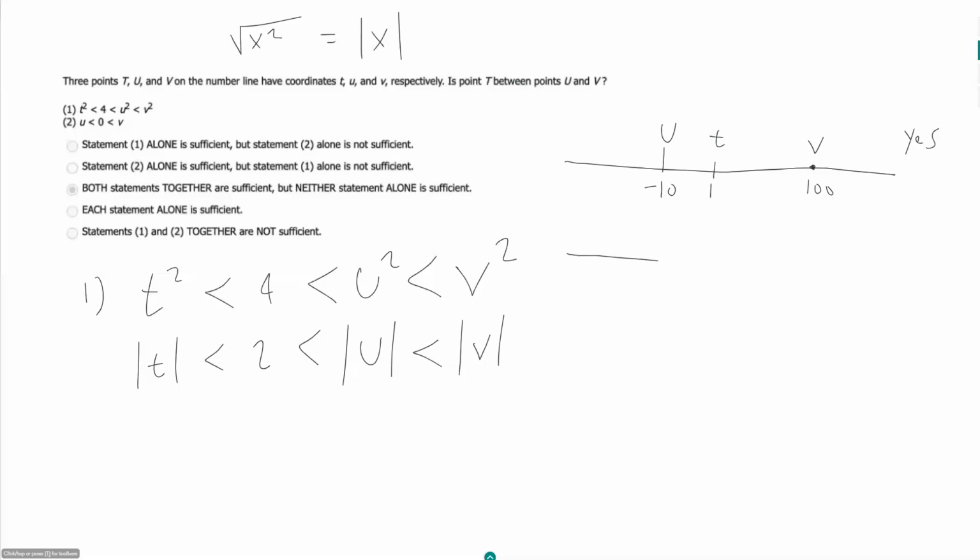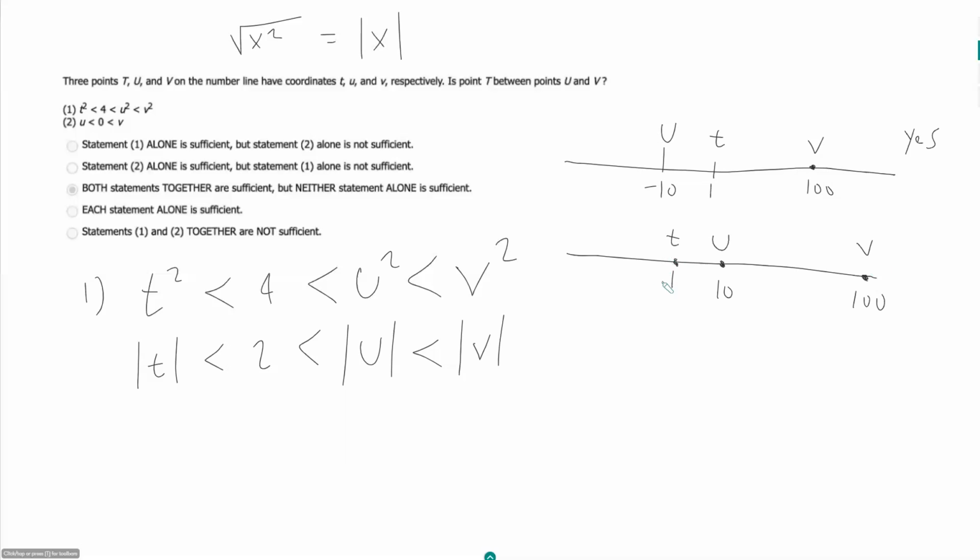So can I get a no to our question? Can I get the same example, but where t is on the outside of u and v? It seems like if I just move u around, if I just make u positive 10, then this works.